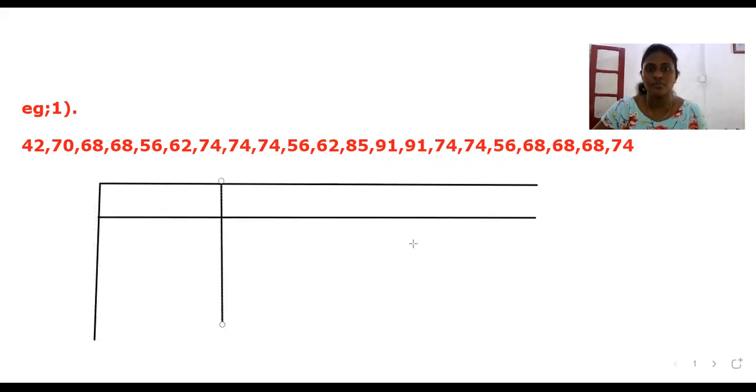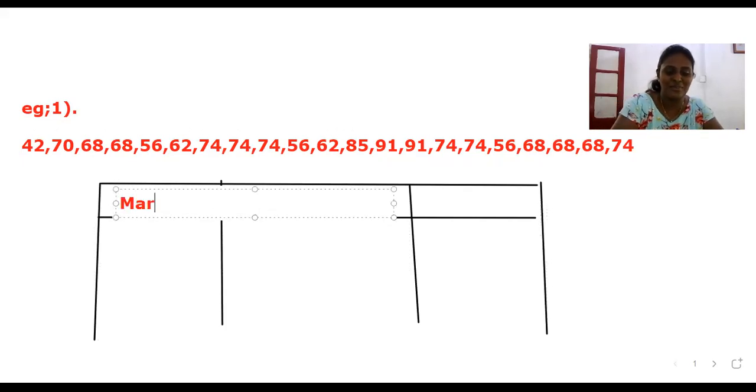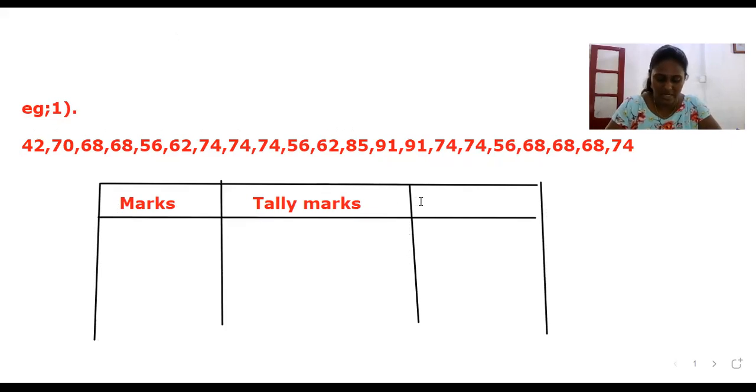For this, first of all, we have to take a tally table. You have learned about tally tables since grade 5. Here we'll get marks, then here we'll get tally marks. This is not compulsory always. You need not draw the tally tables. Straight away also you can draw this. Then frequency. Frequency is the number of students.